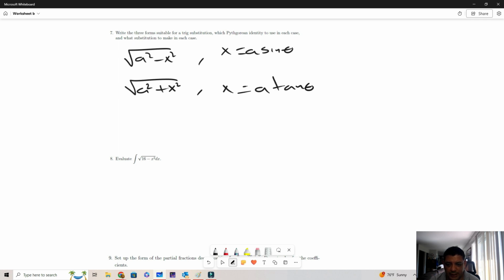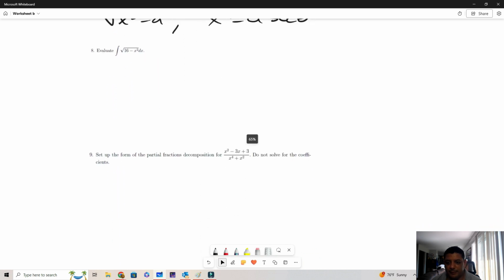And if we have something of the shape x squared minus a squared, then we have x equals a secant of theta. Of course, you can also use the cosine, the cotangent, or the cosecant, but you need to pay extra attention if you're going to do those. So now let's check some examples with that.